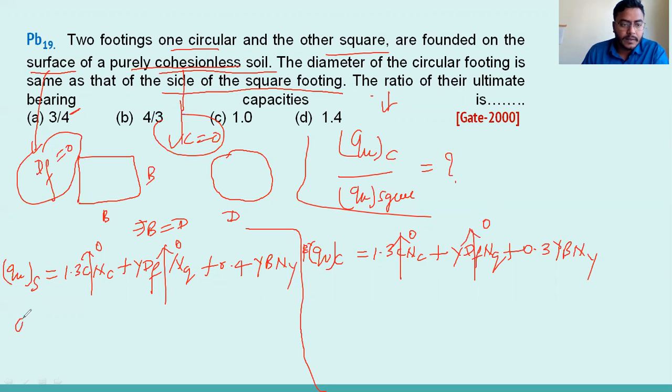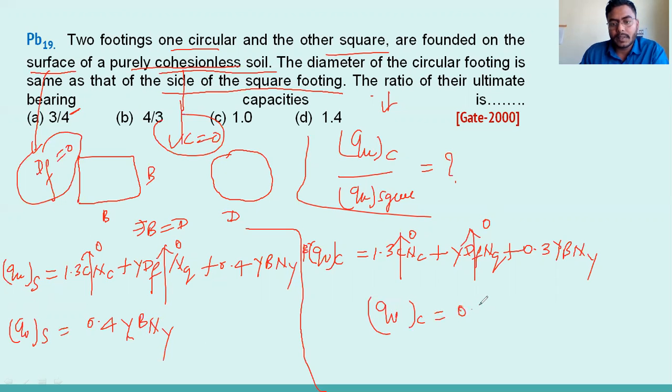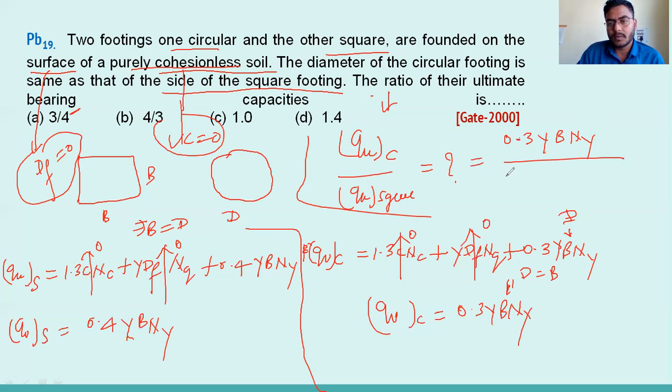So finally we get the ultimate bearing capacity for the square as 0.4 gamma B N gamma, and for the circular we get 0.3 gamma B N gamma. In the circular, I have written B, but we can write D also. In the question it is mentioned B is equal to D, so no need to worry about it. So now we can calculate Q as 0.3 gamma B N gamma, or we can write D also.